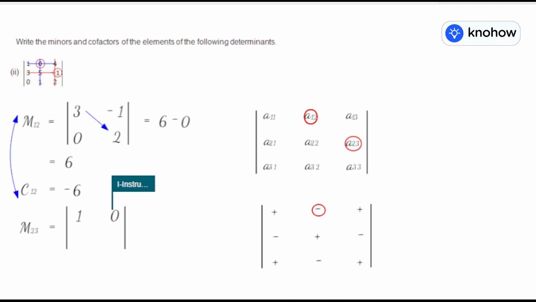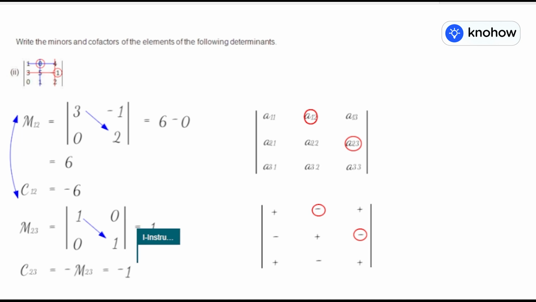And if you work it out, what do you get? 1 into 1 and minus 0, so 1 only. And at the 2, 3 place you have a negative sign. So what will be C23? It will be negative times M23. M23 being 1, it will be negative 1. So I have taken 1, 2 here, all the rest you can work out yourself. I leave it for your practice.